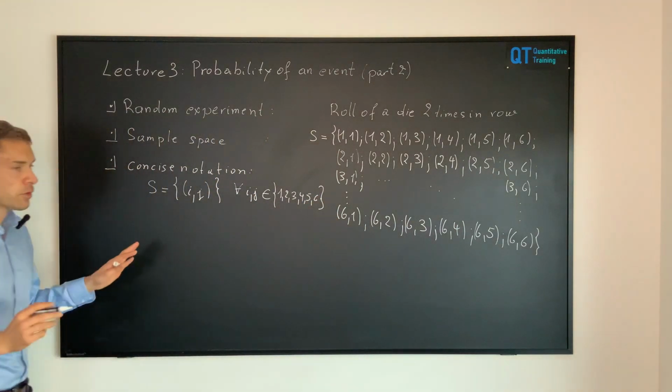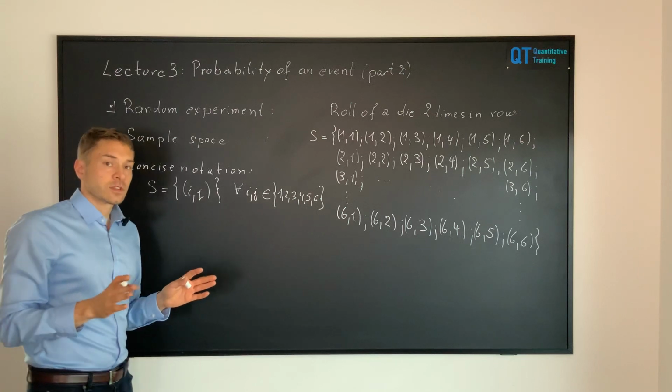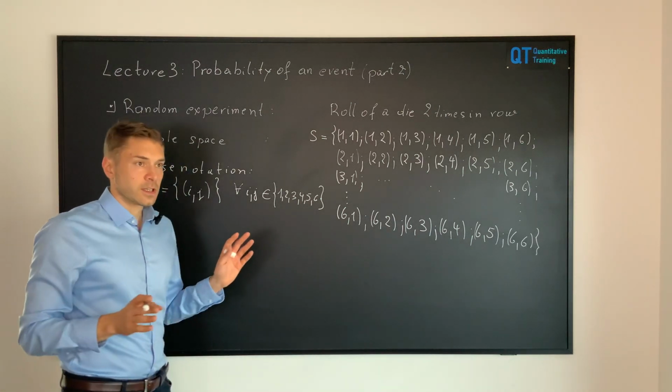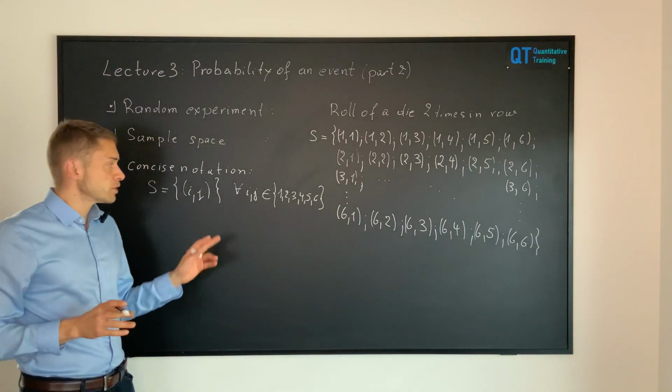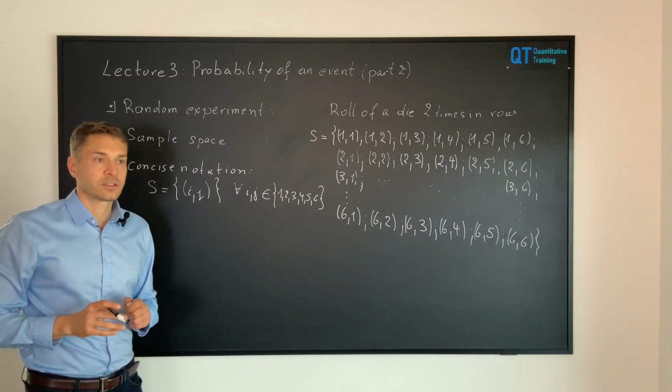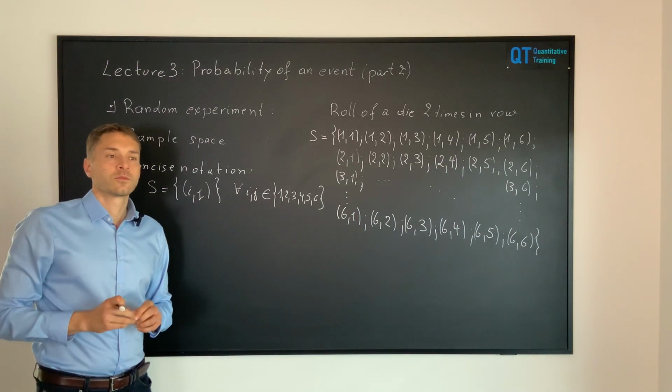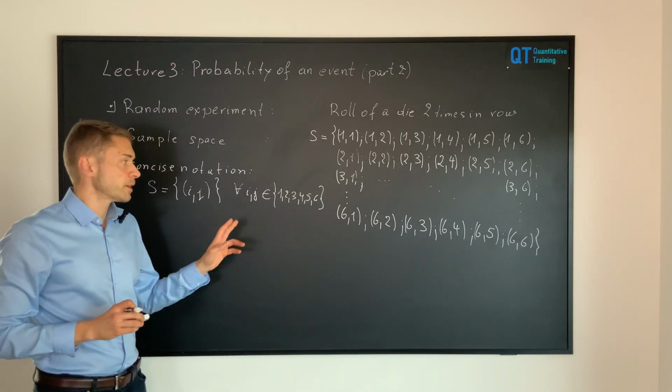The aim here is not to focus too much on this notation. If you want more explanations on this precise notation, please leave a message in the comment section below, and I will produce a separate video on this topic.